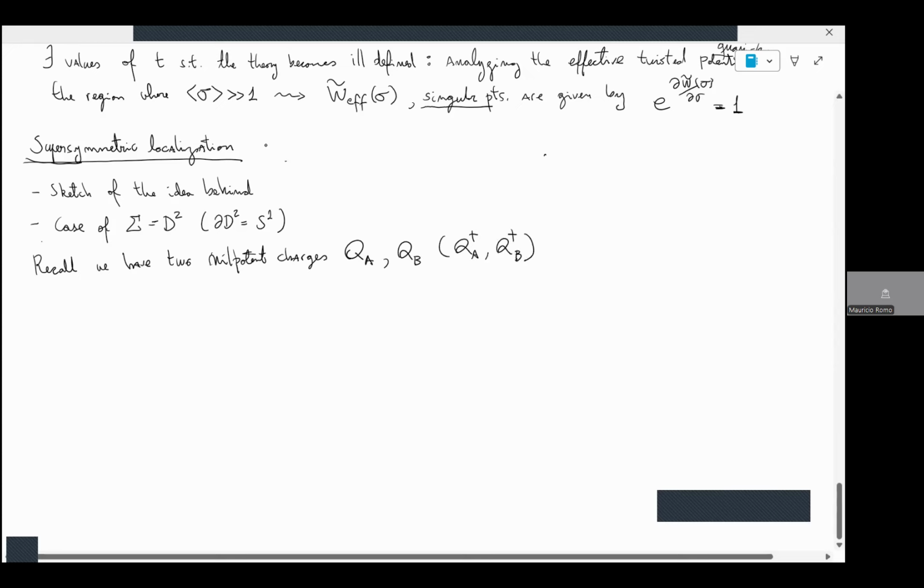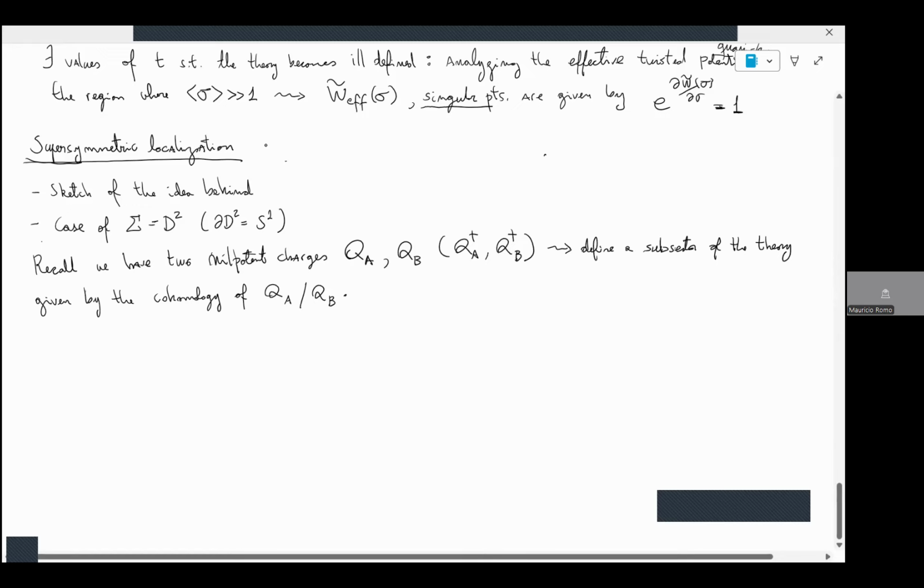So these are nilpotent charges. And when you have nilpotent charges, you can define a subsector of your theory given by the cohomology of QA or QB, we are going to say.